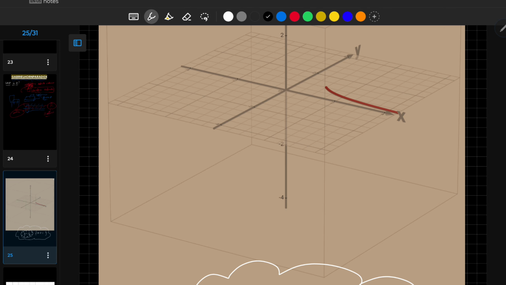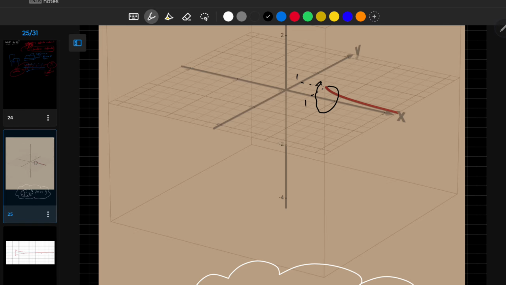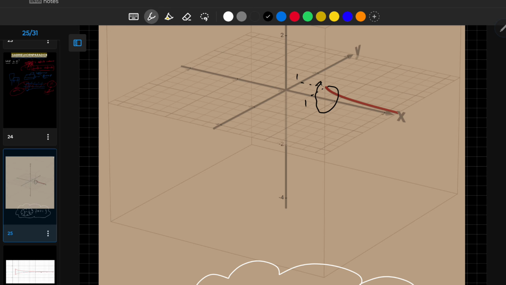The starting point is x equals 1 and y equals 1. What I'm going to do is rotate this graph around the x-axis to make a 3D figure. And how will this 3D figure look?